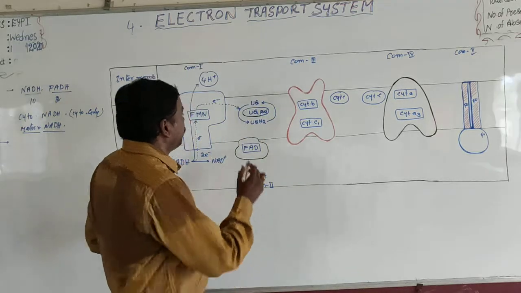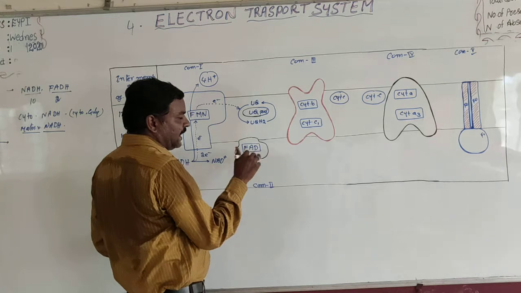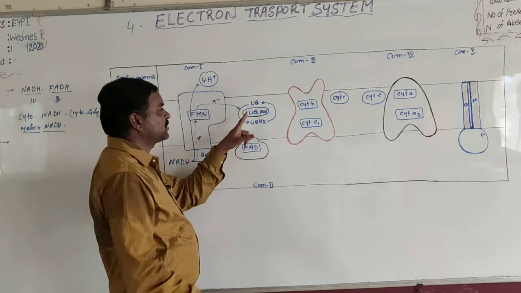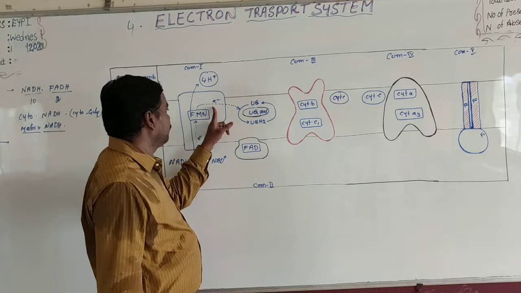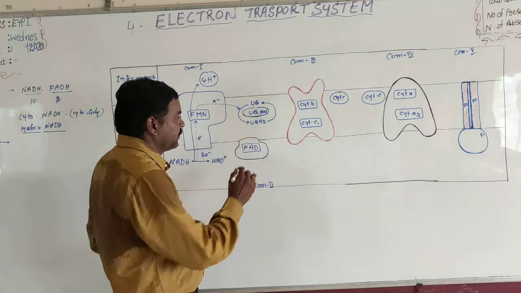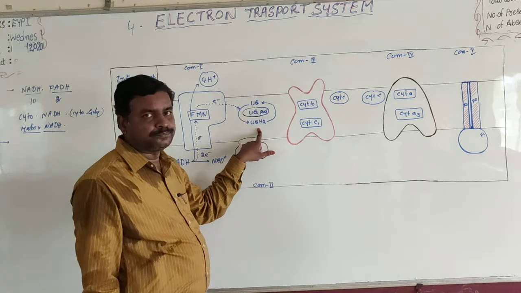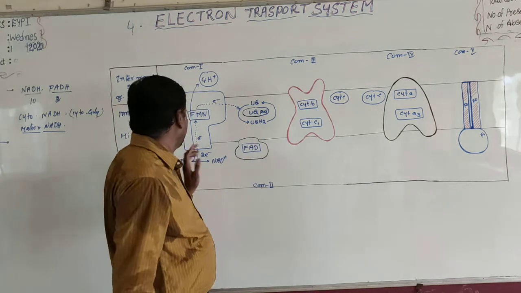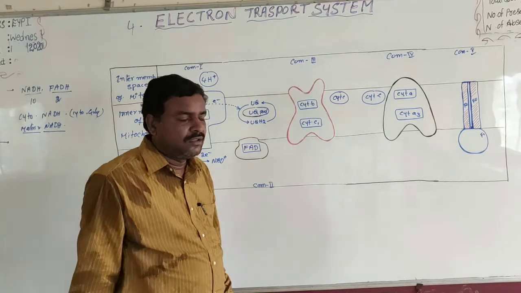When it receives one electron from complex 1, already one electron is present in UQ. Now, among these two electrons, it is reduced into ubiquinol UQH2. At the same time, two protons are also received from the matrix.